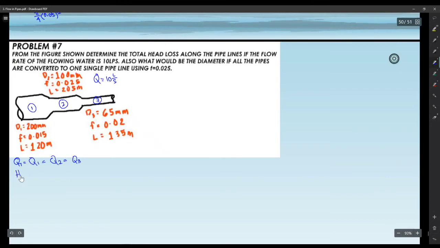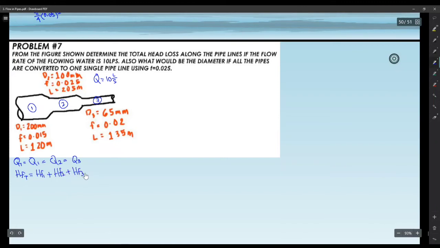And to solve for the total head loss, no fittings were written. Though there is something given, if you look at the figure, there is a contraction. If you remember the figure I gave, there is a specific formula, but I think we won't consider it; let's neglect it. So, the total head loss is just the summation of all head loss in pipe 1, pipe 2, and then pipe 3.